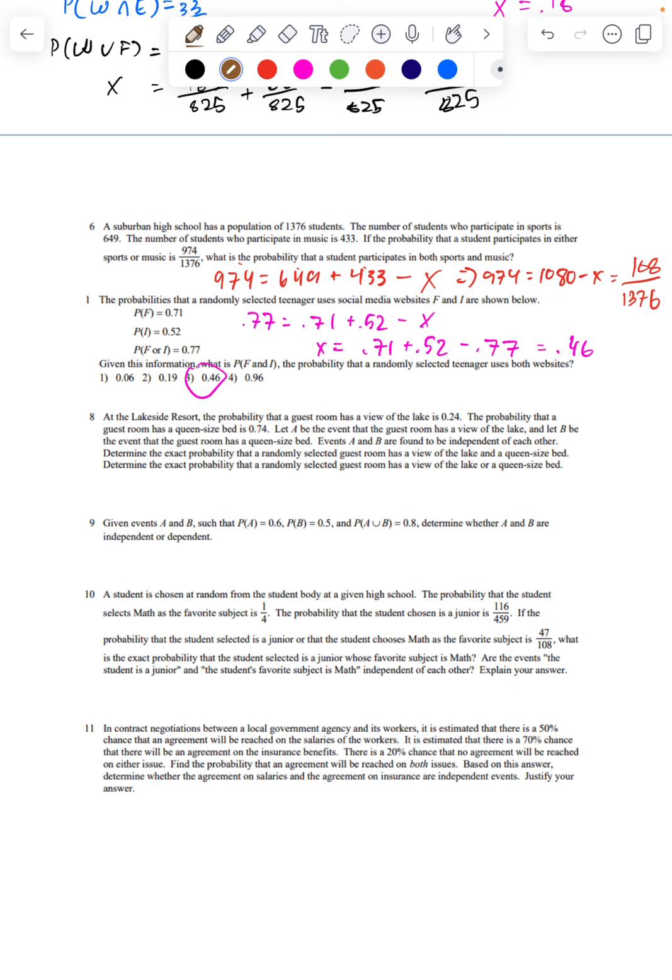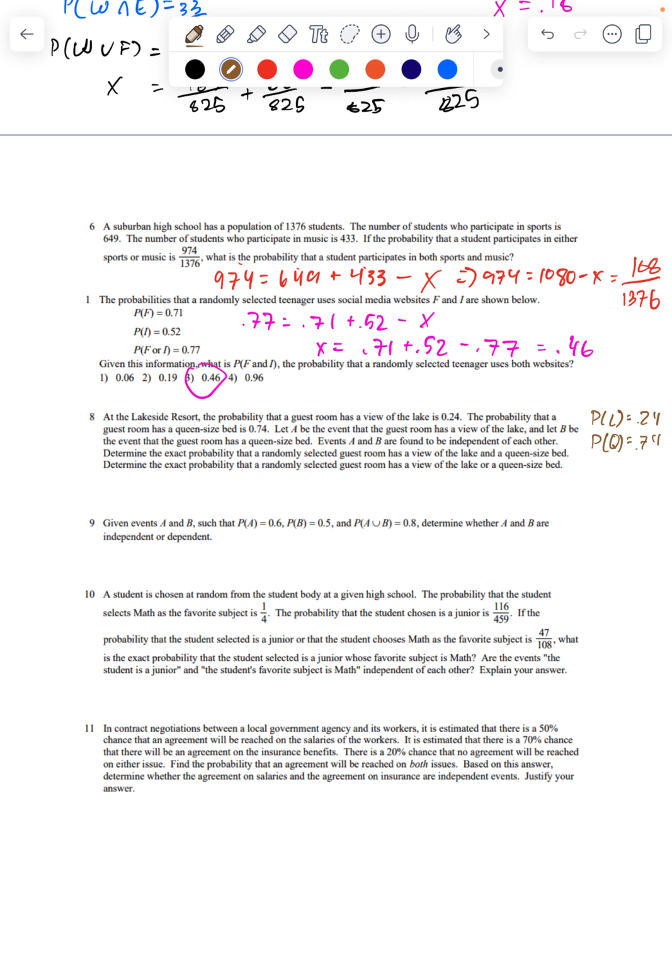All right, let's do number 8. At Lakeside Resort, the probability that a guest room has a view of the lake is 0.24 or 24%. The probability that a guest room has a queen size bed is 0.74. All right, I'm just going to annotate here. P of lake equals 0.24, and P of queen size bed equals 0.74.